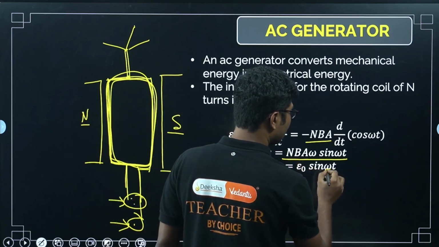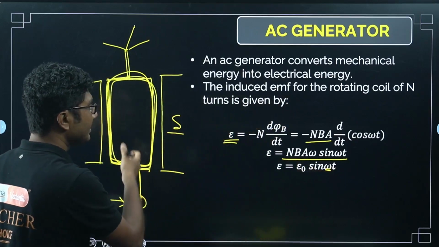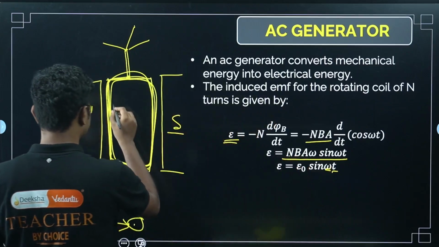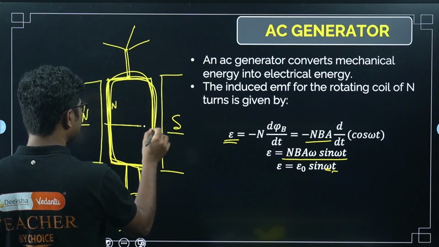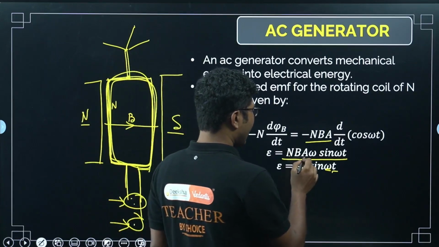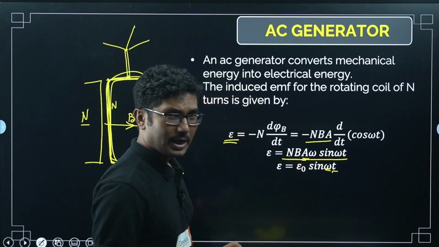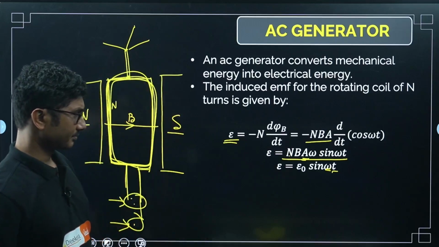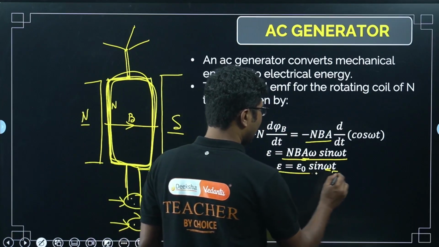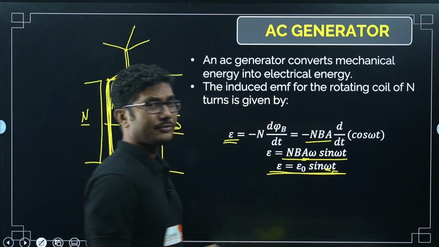This omega is the angular speed of the device. t is the time, N is the number of turns, B is the magnetic field linked with the coil, A is the area of the coil, and omega is the angular speed of the rotation. So from this you can calculate the EMF associated with this coil.